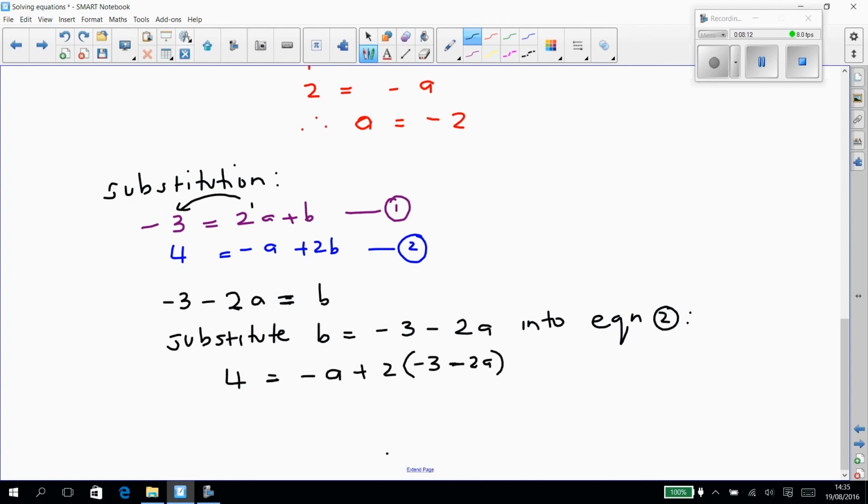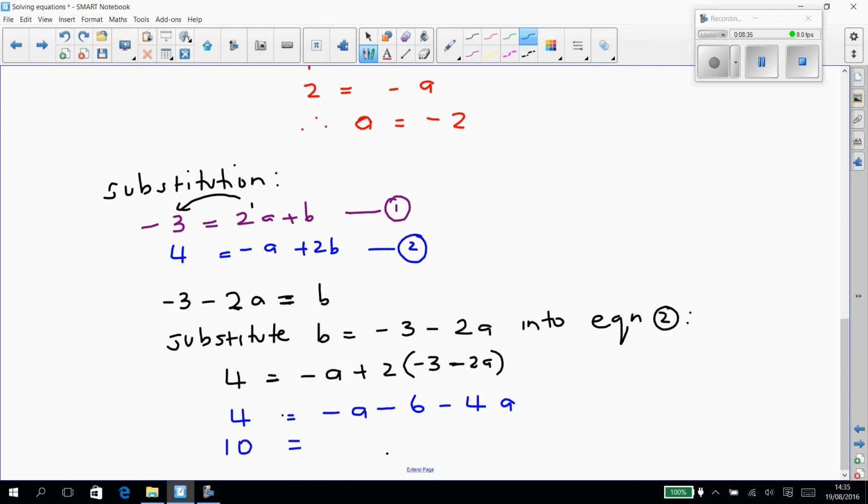If you have a look at this, I have only one variable, and it is a. So I continue simplifying, and I get 4 equals negative a, minus 6, minus 4a. If I take the negative 6 across, I get 10.